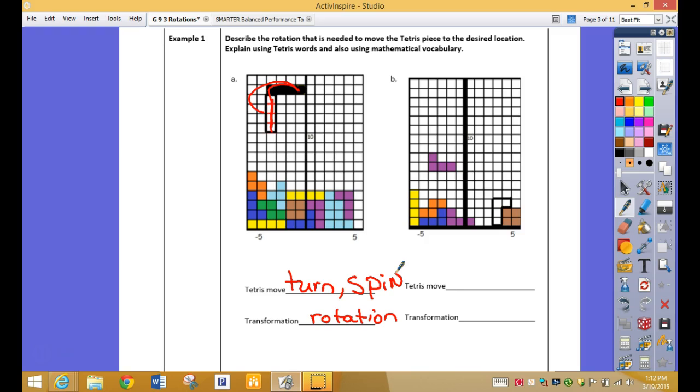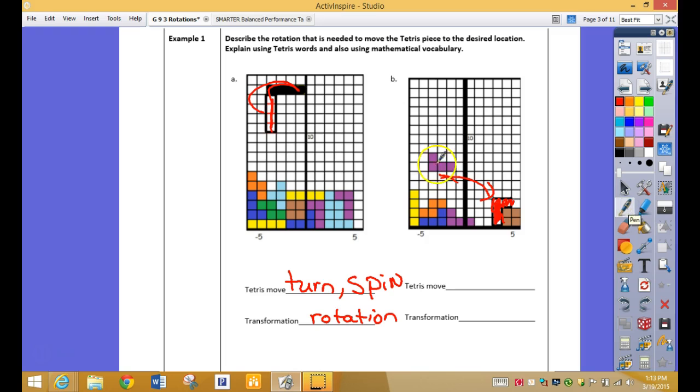How about over here? What did we have to do? Where's my original? This one to, where'd we go? Down here? Find the brown ones. Oh, there we go. Thank you. Hiding on me here. So how did I get from here to here?